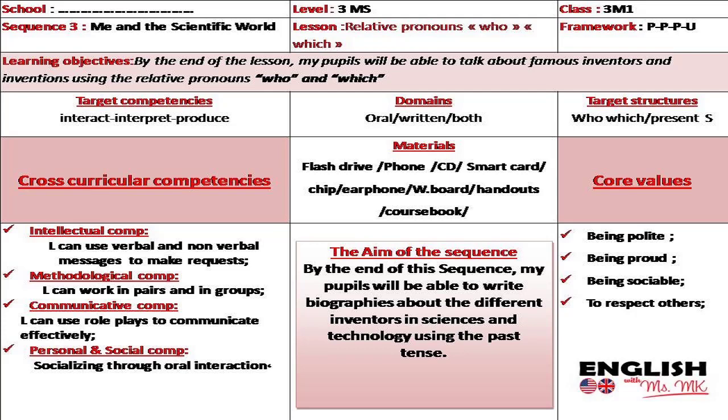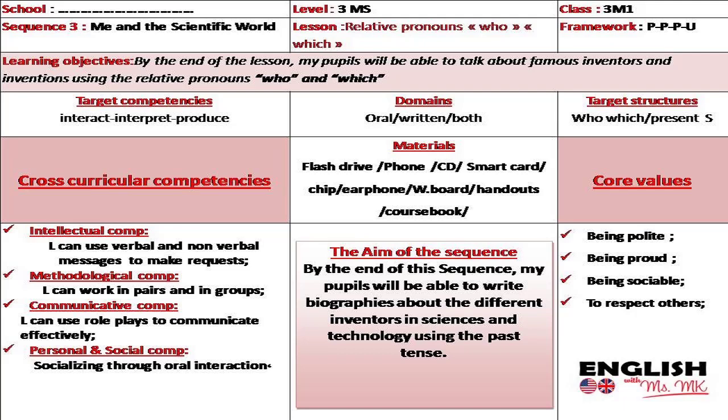So that's what we call output. So we're waiting something from our pupils by the end of this lesson. That's why our verb should be very concrete and precise, and that's why you have to pay attention to the words you use in your lesson plan.